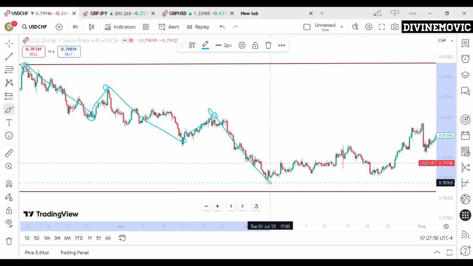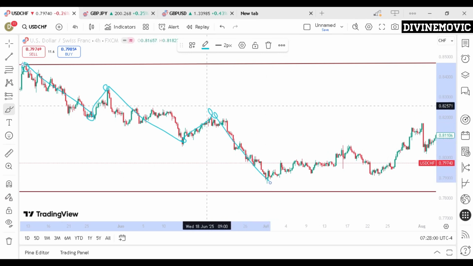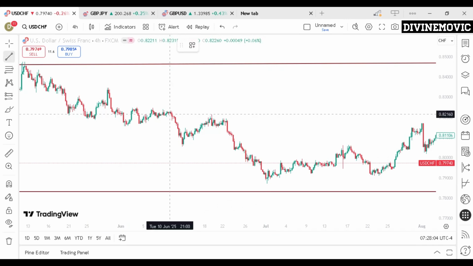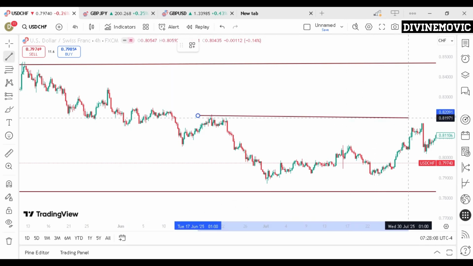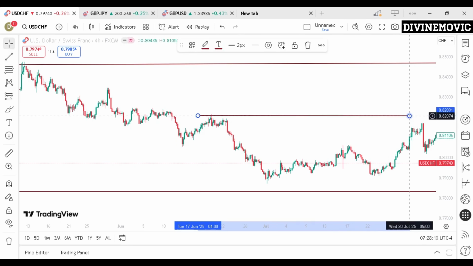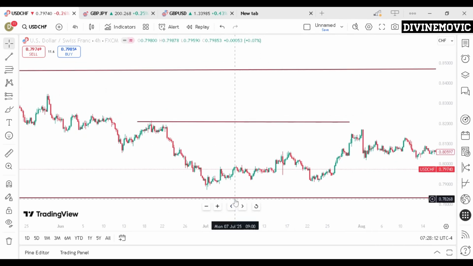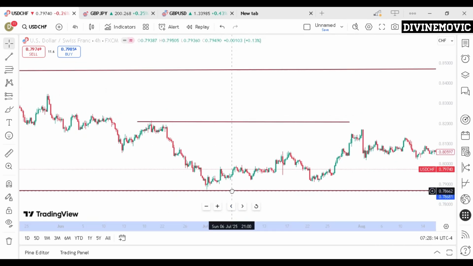So on this downtrend, this is the last swing high and this is the last swing low. That means our interest has become the last swing high and here, which is acting as the last swing low.